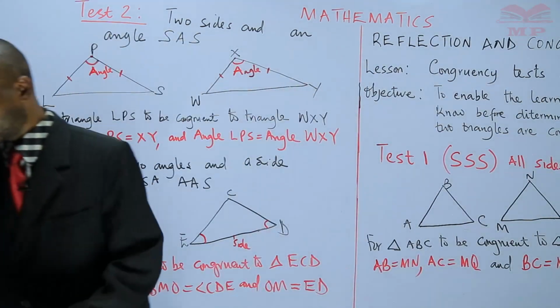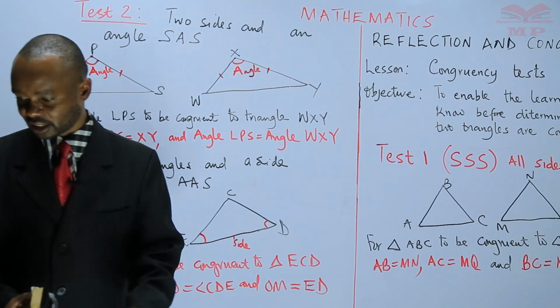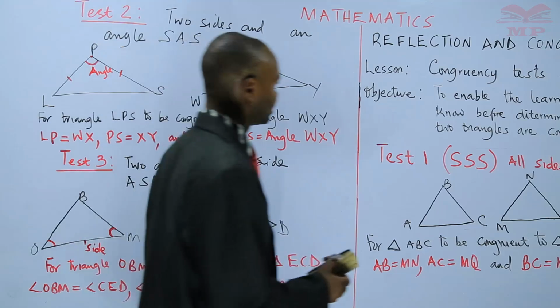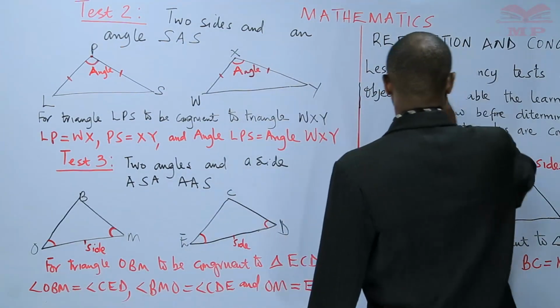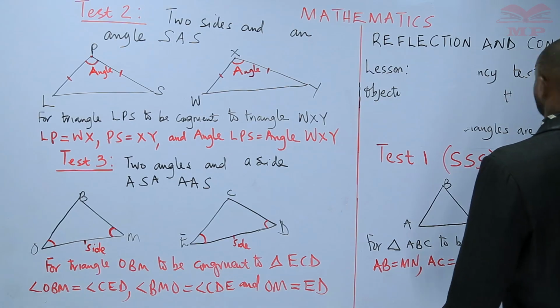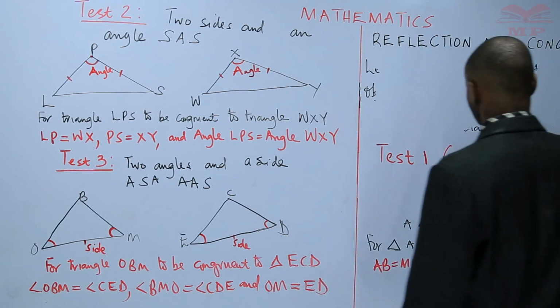We look at the last test: right angled triangle, hypotenuse and a side.